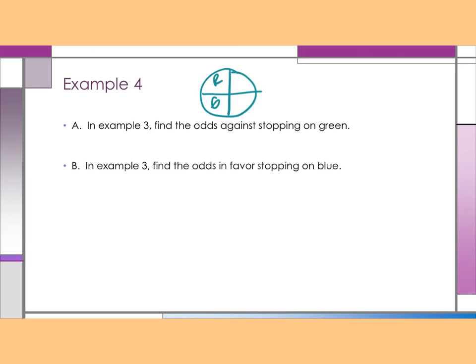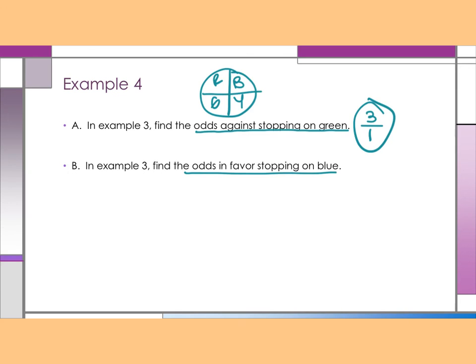In that spinner example, there was a red, a green, a blue, and a yellow, not necessarily in that order. If I want to find the odds against stopping on a green, I want to say how many things are not green. It's 3. How many things are green? 1. That's the odds against a green.